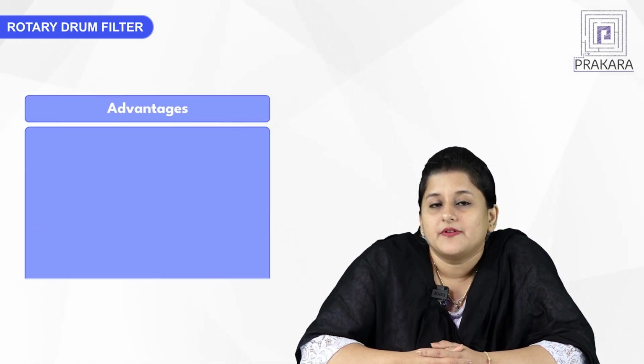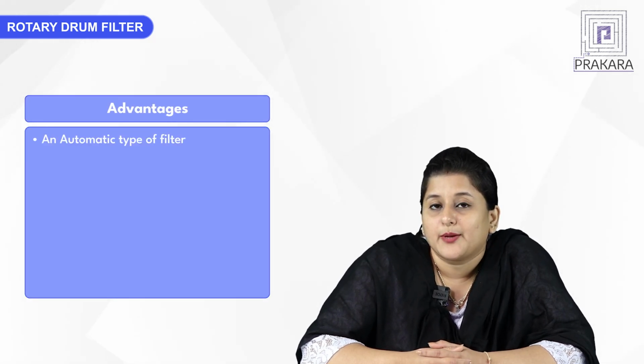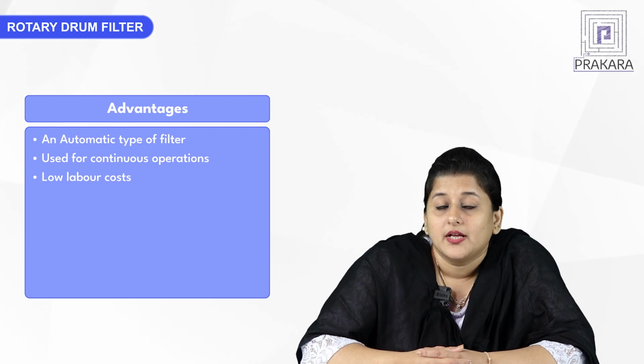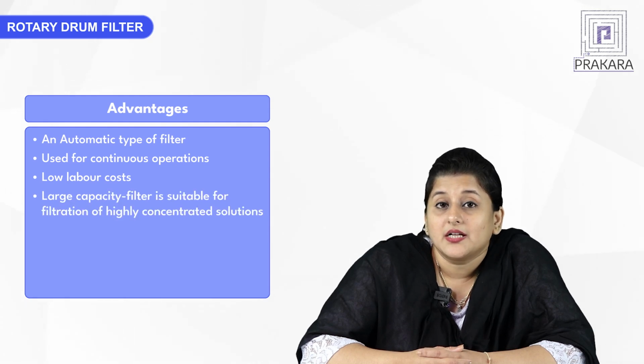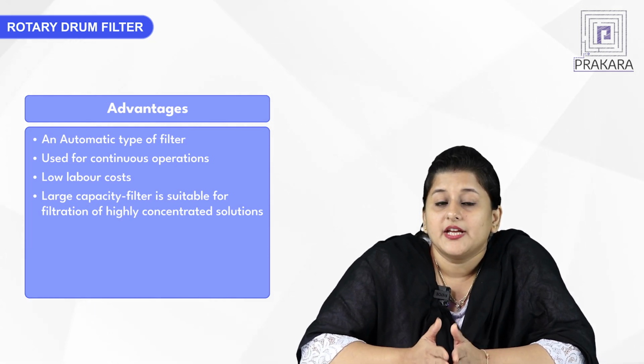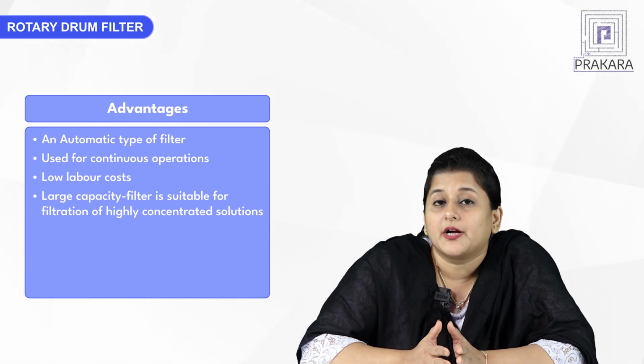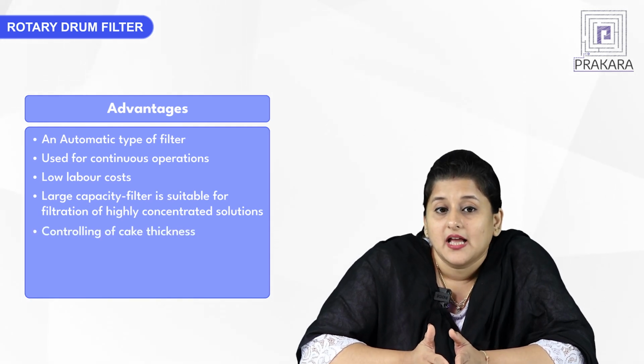Now, let us look at the advantages. The rotary drum filter is an automatic type of filter and it is used for continuous operations. The labor costs of this particular filter are fairly low. The filter tends to have a large capacity, so it is suitable for the filtration of highly concentrated solutions as well. Variations in the speed of rotation also enable controlling the cake thickness.